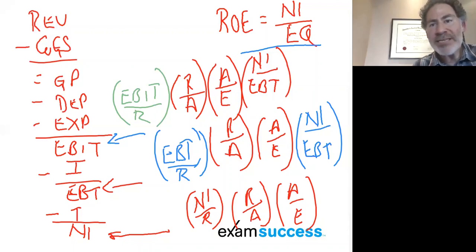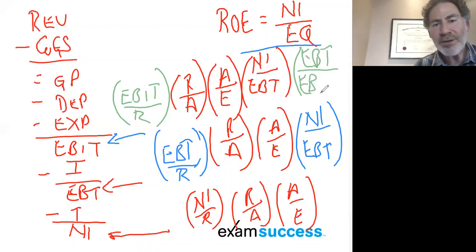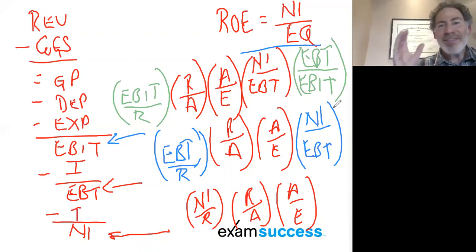And now what I need to add in here is the interest burden. The interest burden is going to be the earnings before tax over the earnings before interest and tax. So now I'm at the 5-stage DuPont decomposition, and you would only need this if they asked you a specific question.